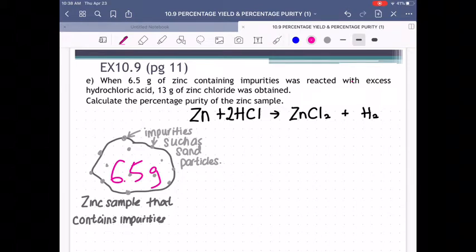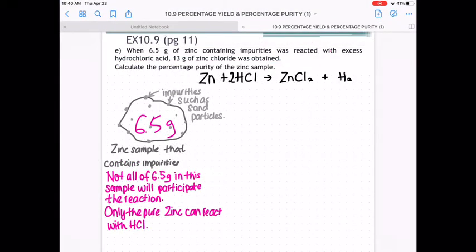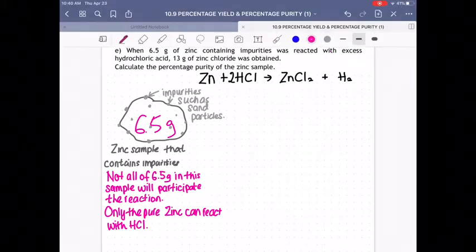Only the pure zinc can react with HCl, as I have written here. So we cannot use this 6.5 value for our calculation, especially the ratio calculation. Do not put this 6.5 into the ratio calculation.